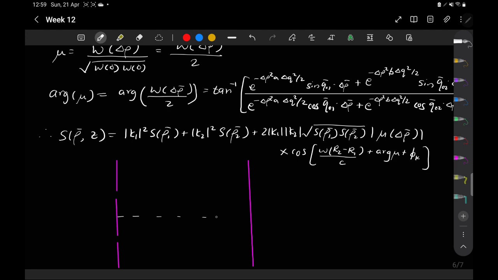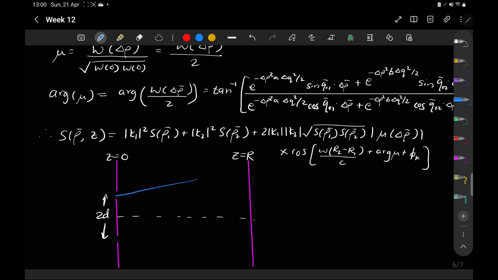This is the center. This slit separation is 2D. This is Z equals 0. This is some particular Z. Z equals R, capital R.